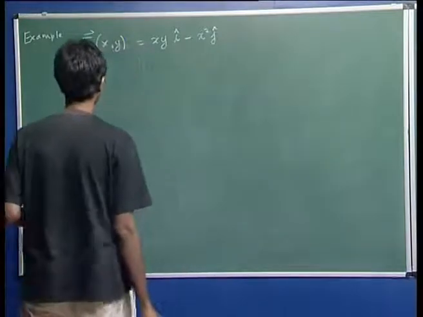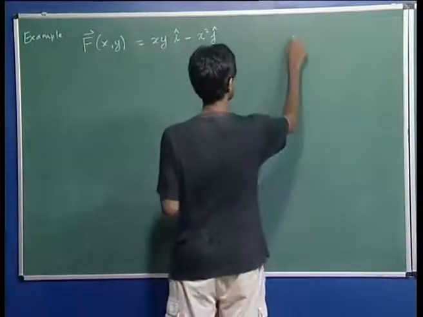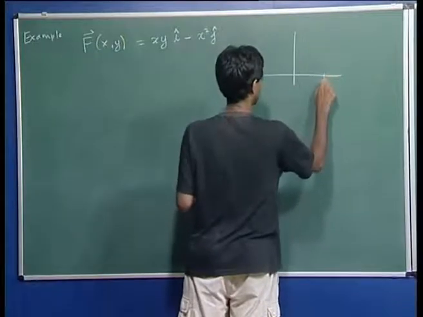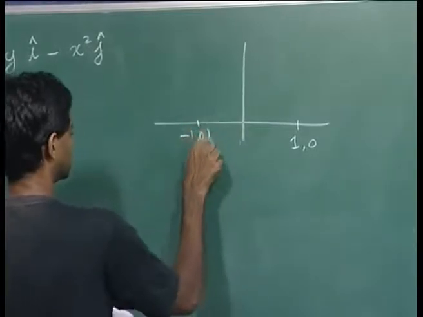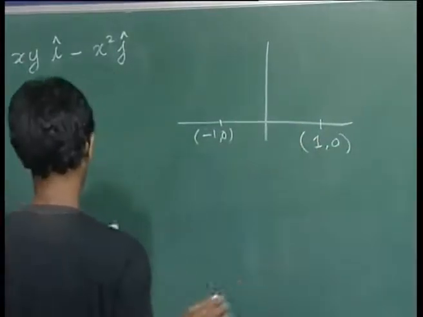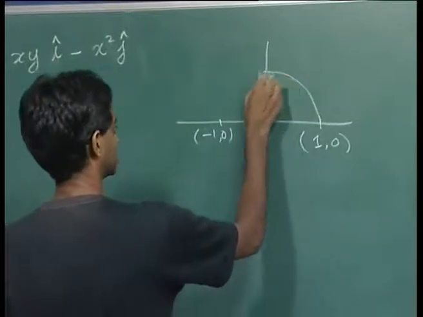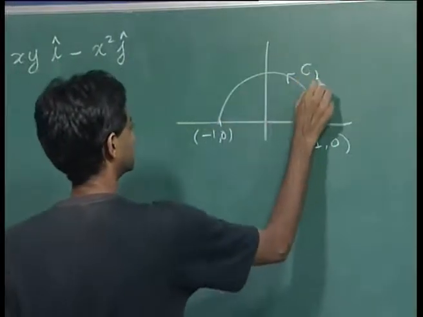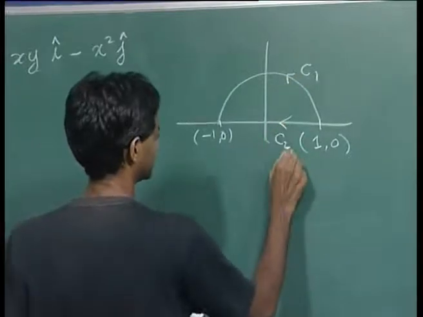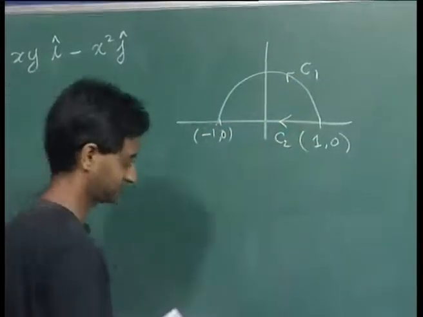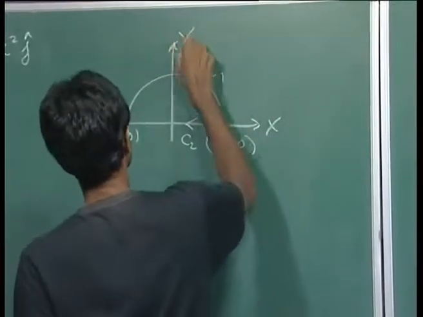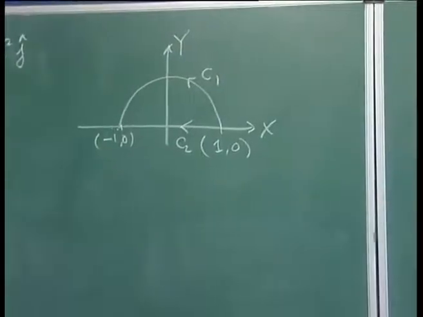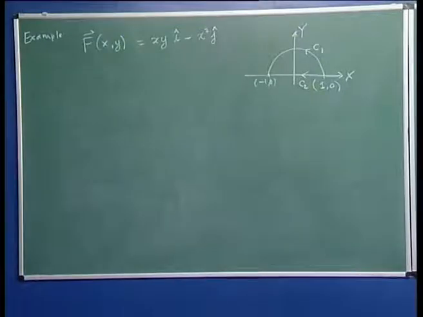And you calculate the work done in going from the point 1 0 to minus 1 0 along two paths. The first path C1 is a semicircular path, and the second path C2 is a path along the x axis. So, calculate the work done in moving the particle from 1 0 to minus 1 0 along these two paths.